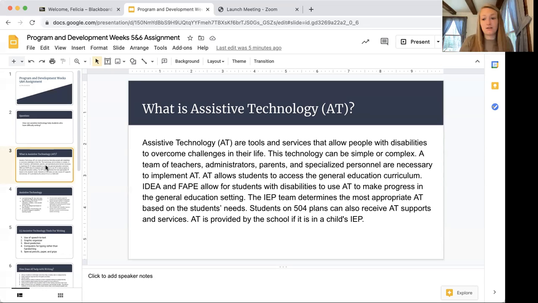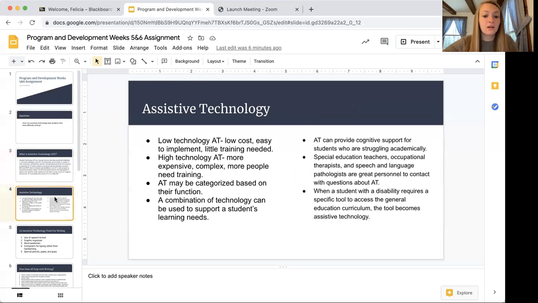So assistive technology would fall under IDEA. Some 504 plans can also have assistive technology under them, but it doesn't necessarily always happen that way. Assistive technology can be provided by the school and by the parents if necessary. It really depends on what the student's needs are.